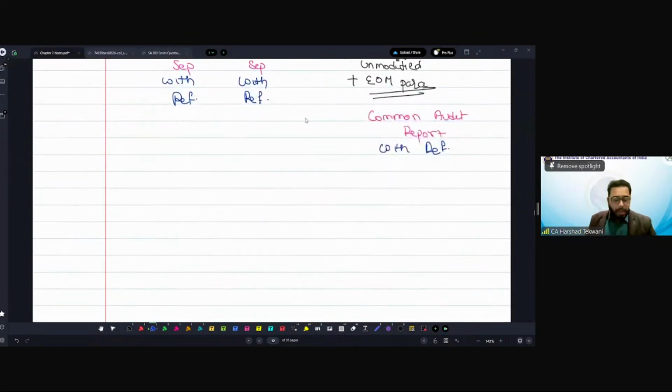That separate audit opinion and the reference is required to be highlighted under the other matter paragraph, as per SA 706. Clear? Any doubt with this? Any doubt?